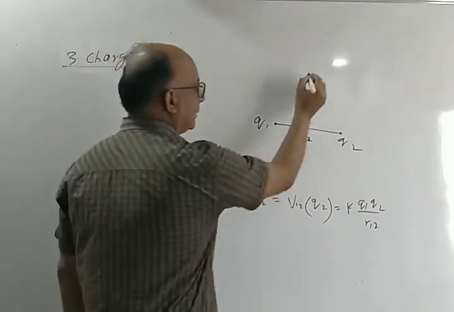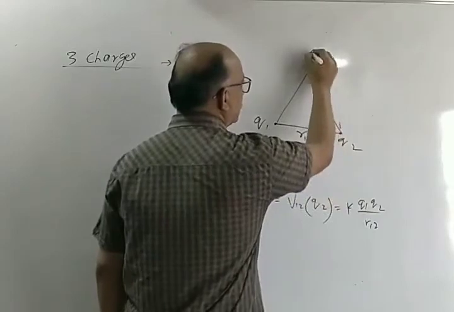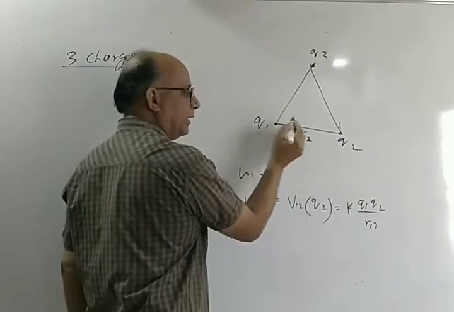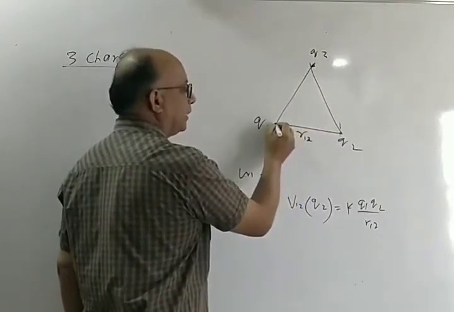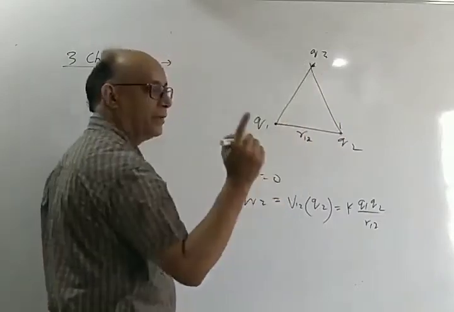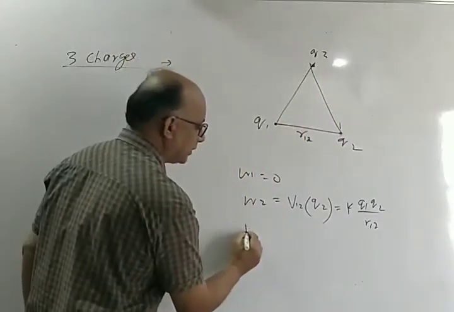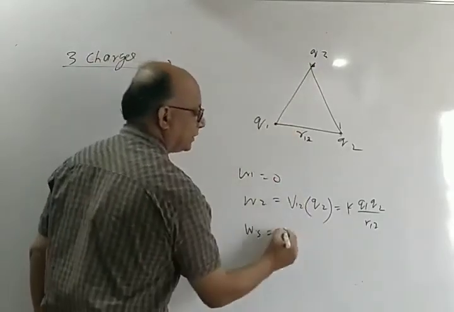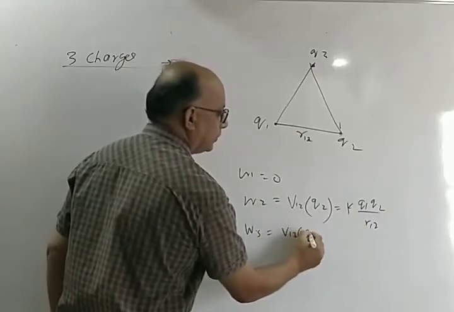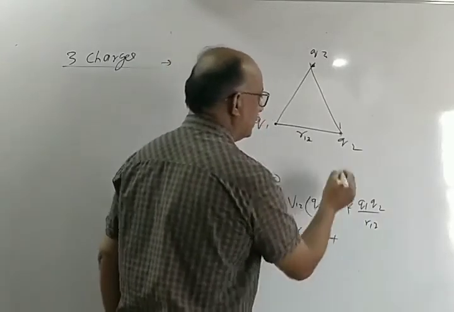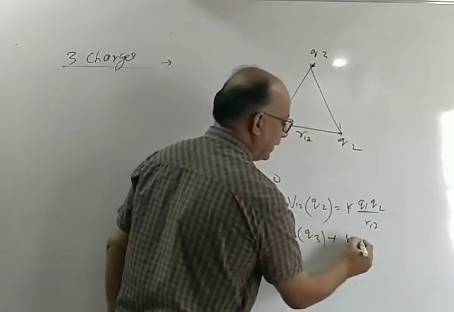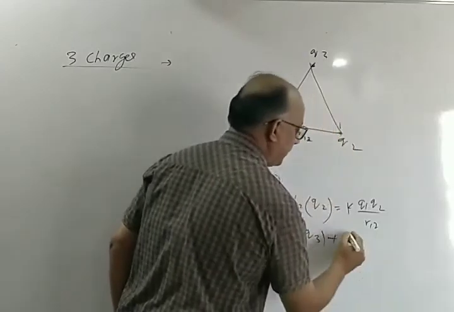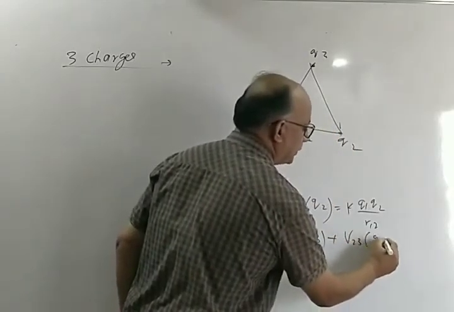Now, if the third charge Q3 is brought here from infinity, you will have to do work due to the potential of Q1 and due to the potential of Q2, so two different works will be done. So when Q3 is brought, W3 is equal to the potential at this point due to Q1, V13 into Q3, plus the potential due to Q2, V23 into Q3.